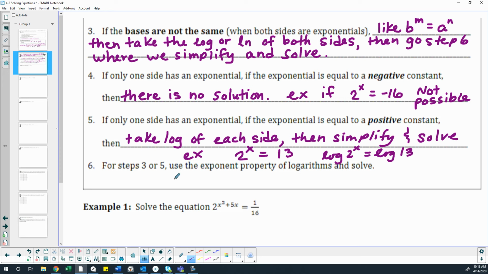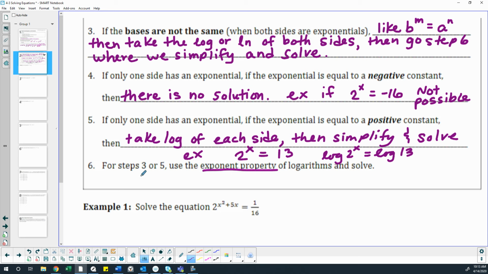For steps 3 or 5, use the exponent property of logarithms and then solve. In each of these steps, when I've said simplify and solve, that means we're using that power property to change our constant exponent to a coefficient instead.